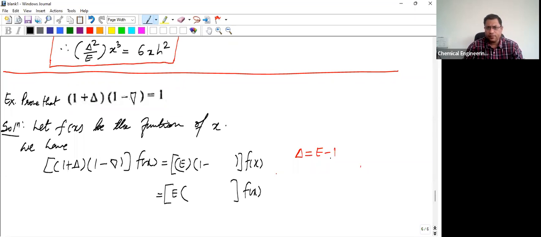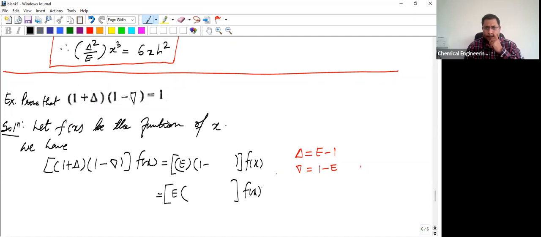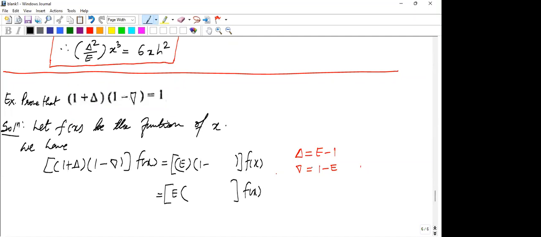So this is going to be del. Okay, what do we know about del? So del is 1 minus E inverse, right?